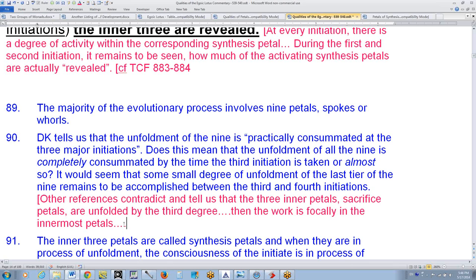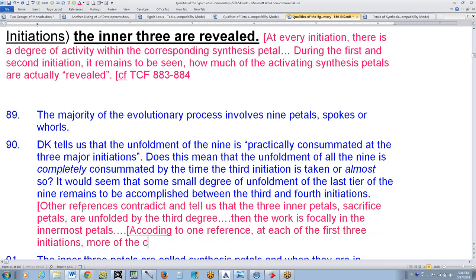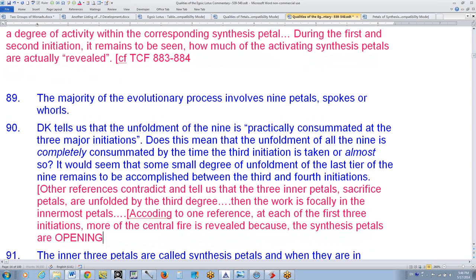So according to one reference, we'll put this down, at each of the first 3 initiations, more of the central fire is revealed because the synthesis petals are opening.